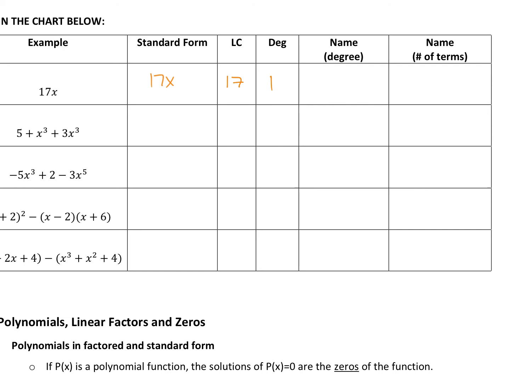Linear. It's x to the first power, so a degree of 1 is linear. You would get a straight line if you graphed y equals 17x. And then the number of terms, we would call this a monomial. Good.